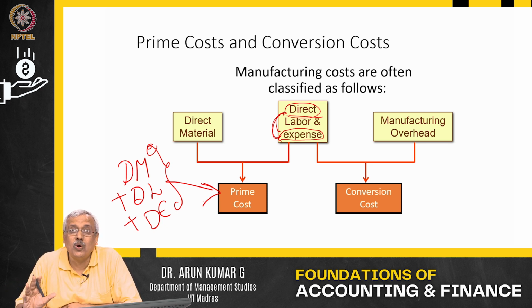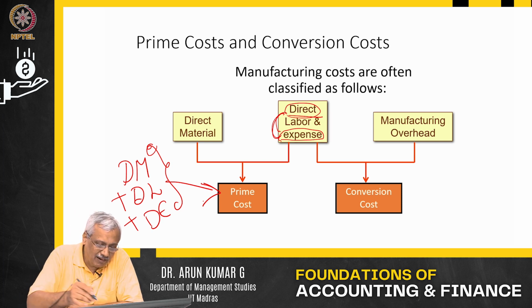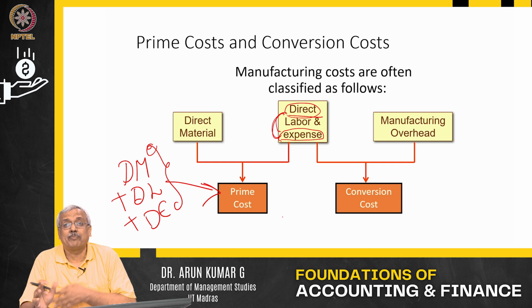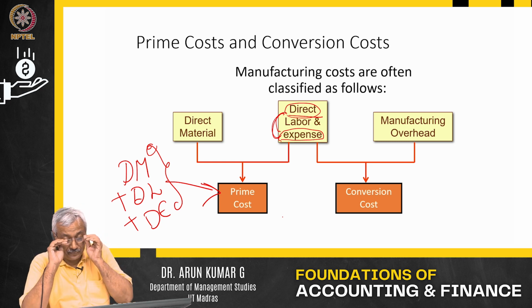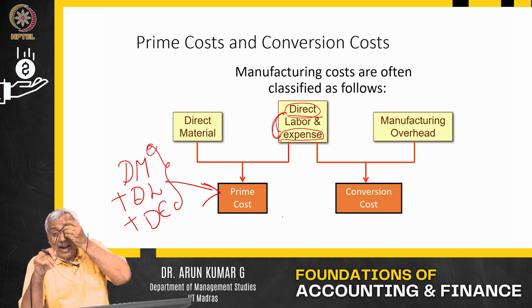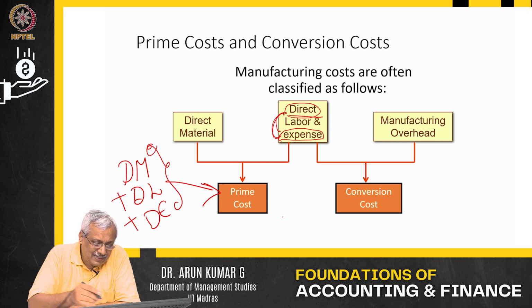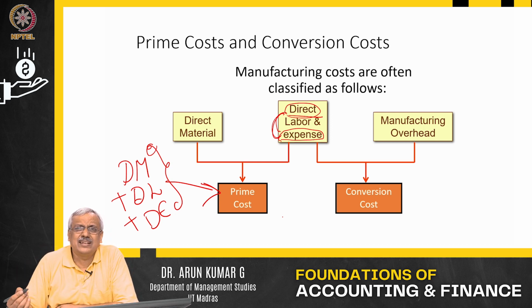Prime means core cost. All these three become the core cost of a product, the prime cost of a product. I add the manufacturing overhead, all the other expenditure relating to manufacturing, then these put together would basically give you some kind of a cost of production, of course adjusting for the inventory. We will do that a little later.